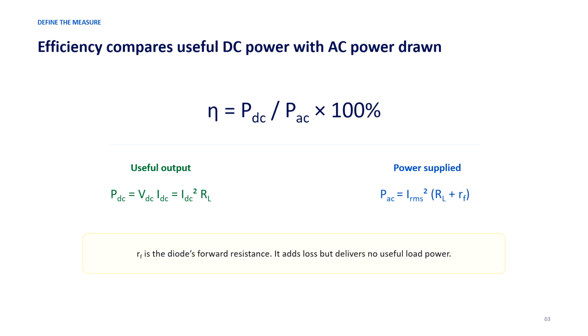It will also include the transformer secondary winding resistance, but to keep calculations simpler, this is generally ignored. So we consider only the load resistance and the diode forward resistance. The diode resistance consumes power as heat, so it can only reduce practical efficiency.